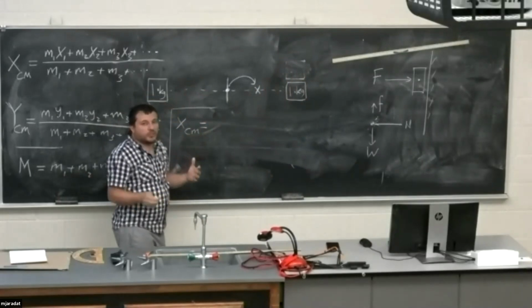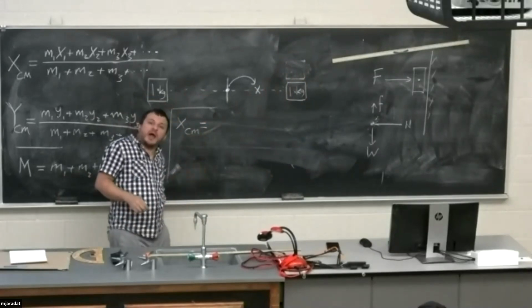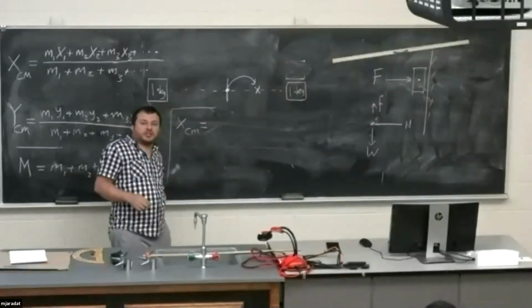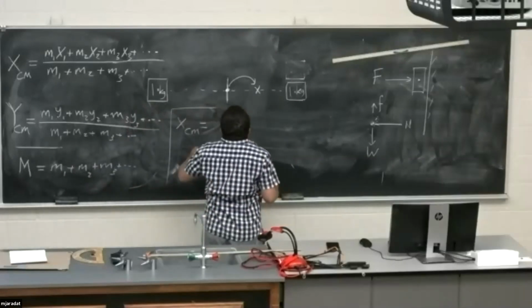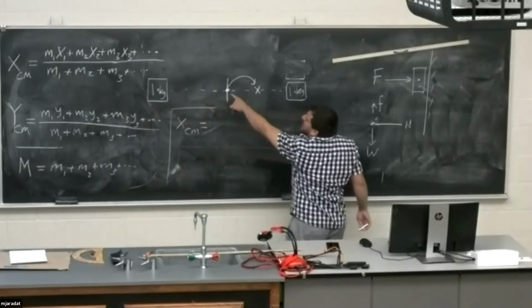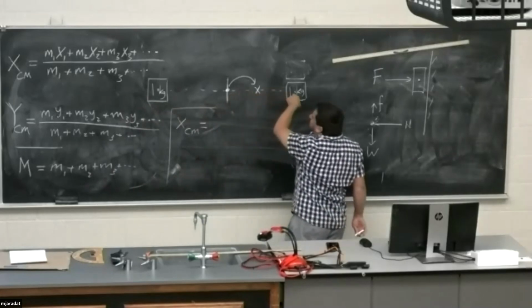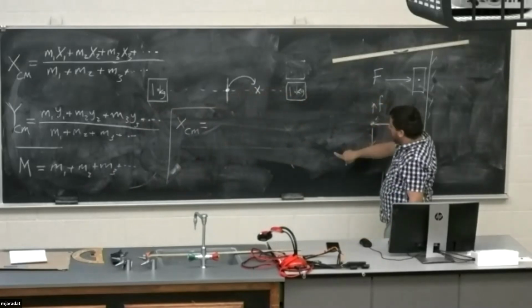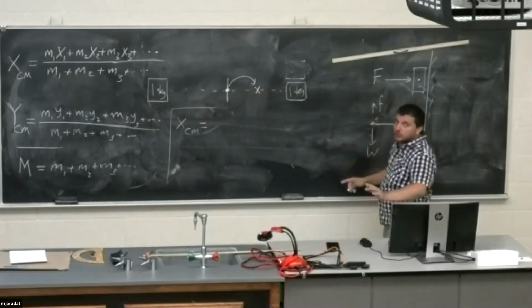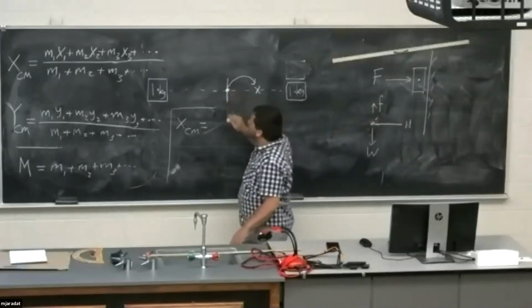We need to assume where our origin is. You are free to do that. If you want to assume the origin at this point, it's okay. If you want to assume it here, it's okay. It's your choice. I'll choose it here.